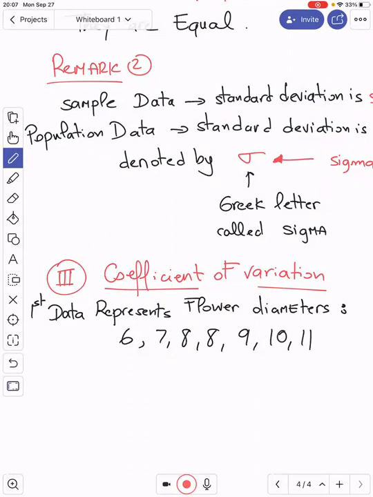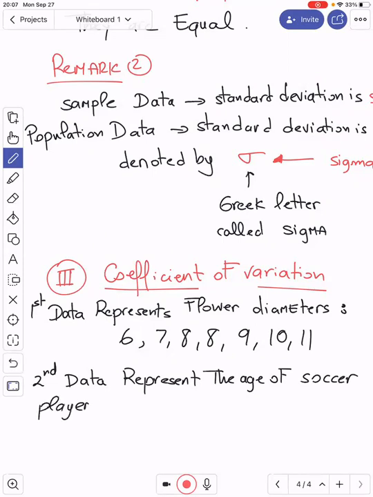And you have a second data which represents the age of some professional soccer players in some team.